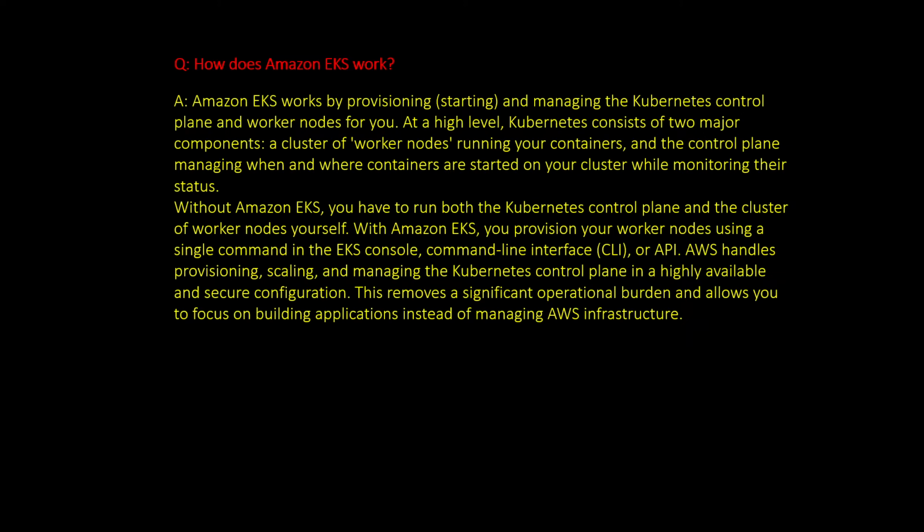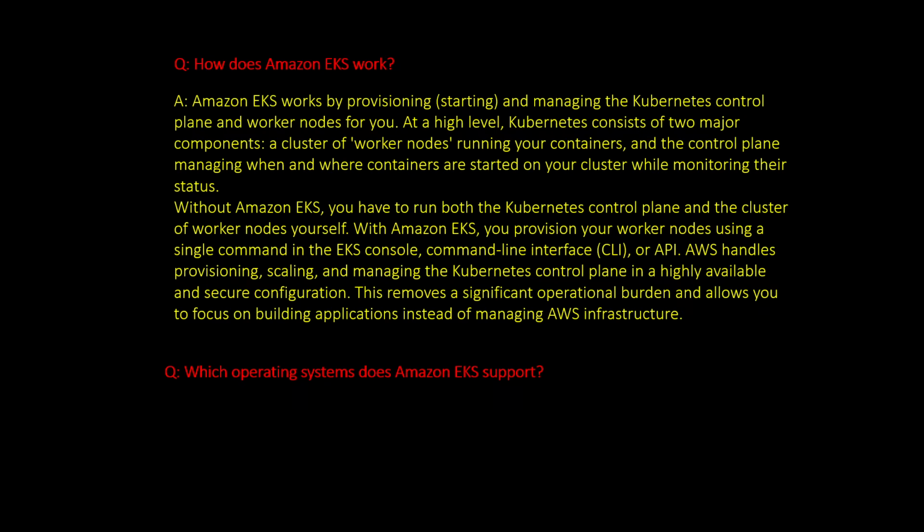With Amazon EKS, you provision your worker nodes using a single command in the EKS console, the command line interface CLI, or API. AWS handles provisioning, scaling, and managing the Kubernetes control plane in a highly available and secure configuration. This removes a significant operational burden and allows you to focus on building applications instead of managing AWS infrastructure.